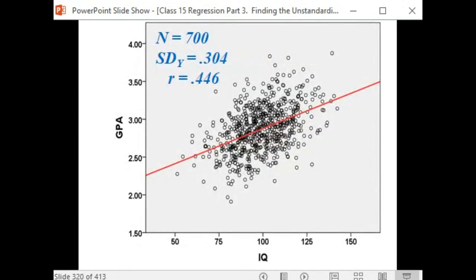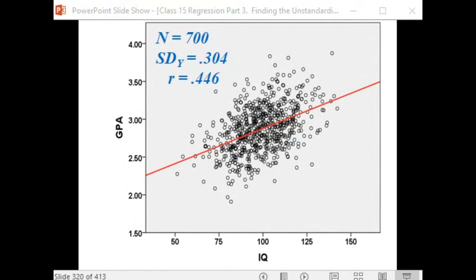Now, as we discuss prediction error today, we'll be using this scatter plot. It shows the IQ scores and grade point averages of 700 students. IQ is on the x-axis. Grade point average, that is GPA, is on the y-axis.